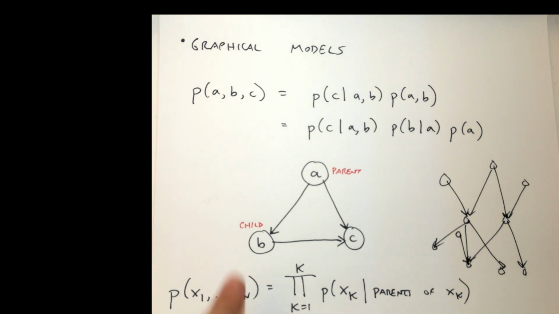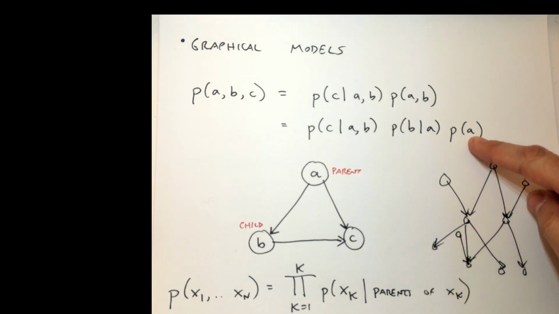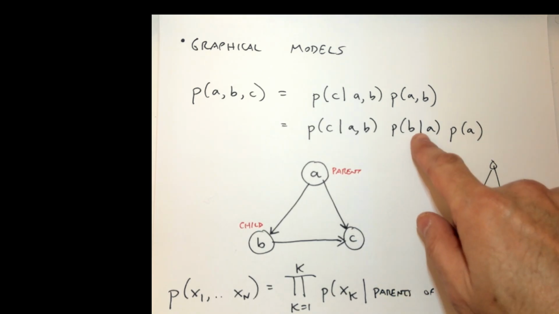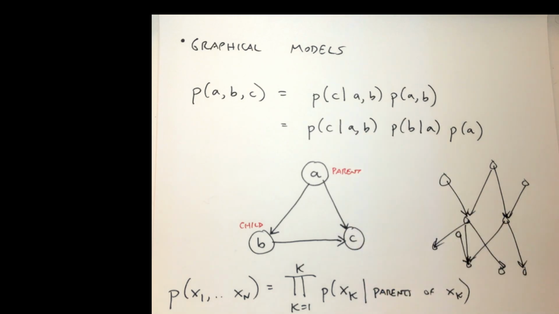I took A, B, and C, and decomposed it by saying, A doesn't have any parents, it's by itself. B only depends on A, and C depends on A and B. And this is what's called a factorization of the joint PDF. You can see it's not unique, because I could have chosen C to be the parent of A and B, and that would have been fine too. So there are different ways of factorizing a joint PDF.